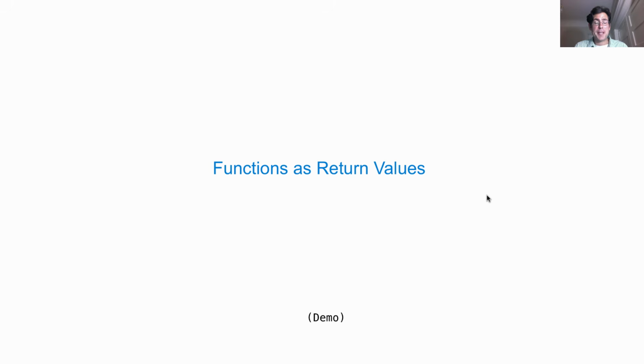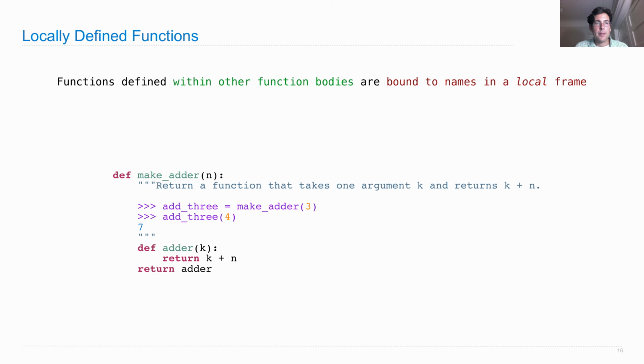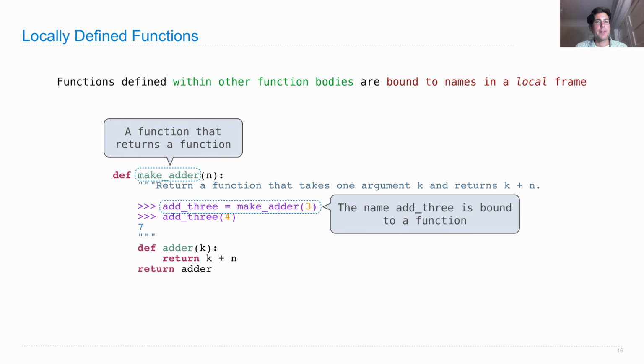So that was an example of functions as return values. When a function is defined within another function's body, the function that's created is bound to a name in the local frame. So here's the code for makeAdder, which we just saw. makeAdder is a function that returns a function. In the doctest that I wrote, add3 was bound to that function that was returned.